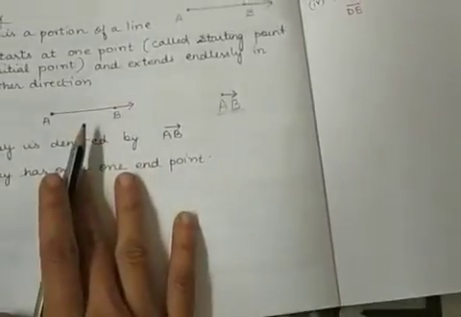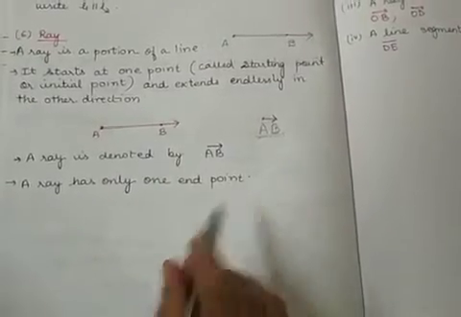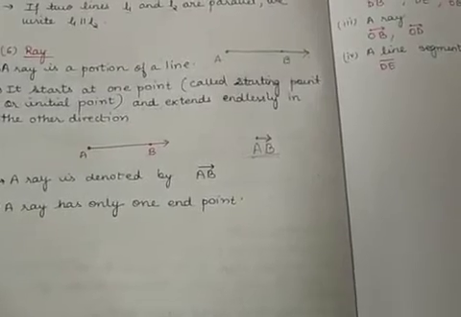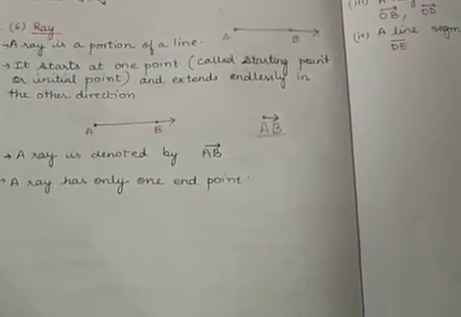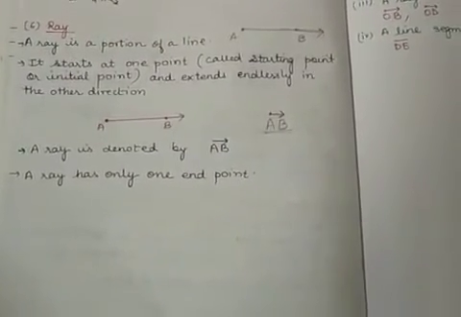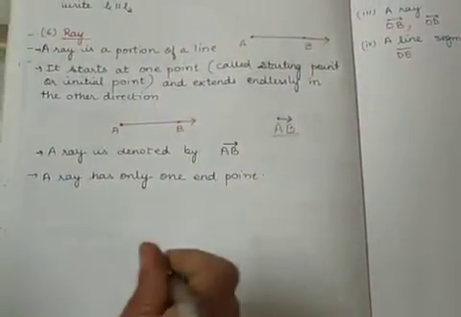So how many endpoints does a ray have? A ray has only one endpoint. A line segment has two endpoints. A line has no endpoint, because it extends in both the directions, and a ray has only one endpoint.